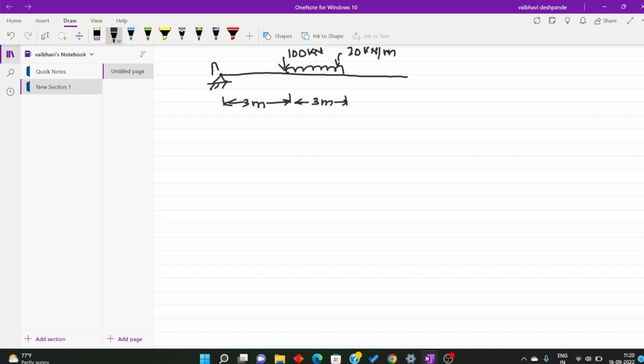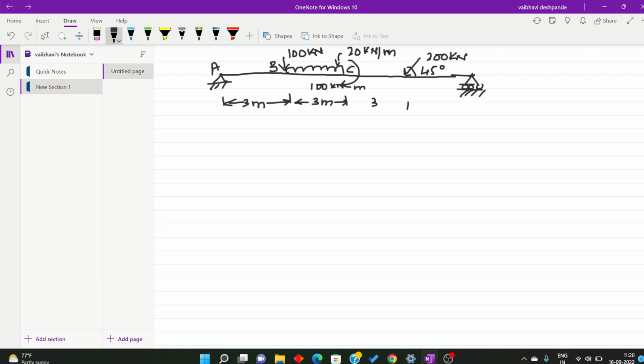This is point A, B, and this is point C. Okay, and in addition to this, there is a moment of 100 kilonewton meter at C, and there is an inclined 200 kilonewton force at an angle of 45 degrees, and here there is a roller support.